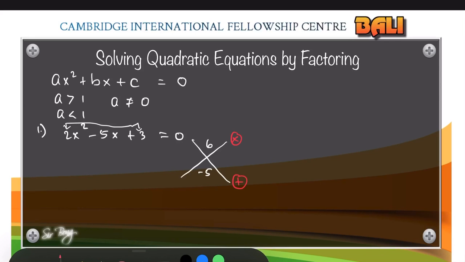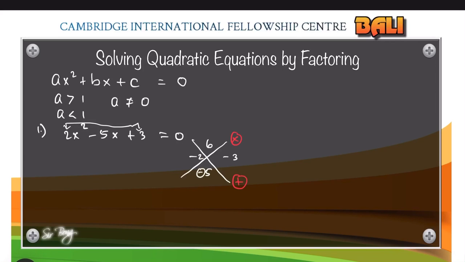It can be both negative or both positive. Obviously, it is both negative, as the middle term is negative. So this is negative 2 and negative 3.